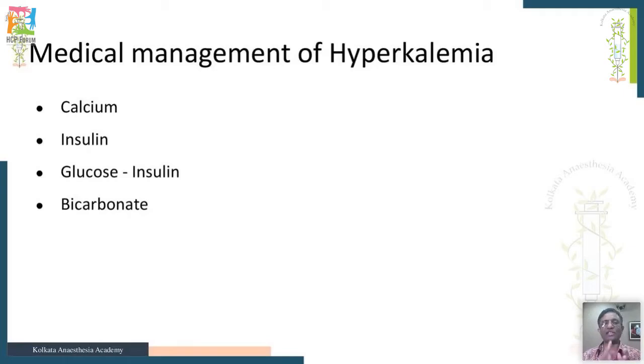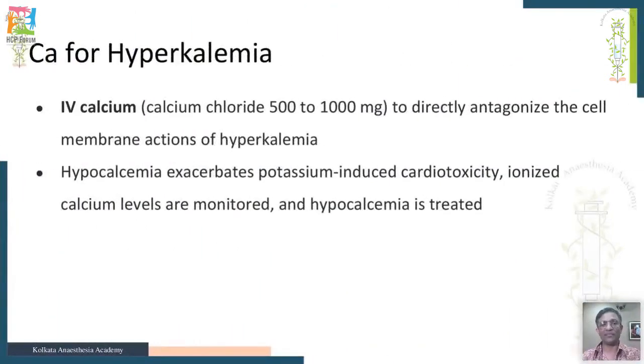You are trying to send the potassium inside the cell and therefore change the transcellular gradient, or you are taking care of the membrane potential, and that is by an agent like calcium. So you are not sending the potassium out. The potassium is still inside, and this is why with medical management, you will have to keep repeating.